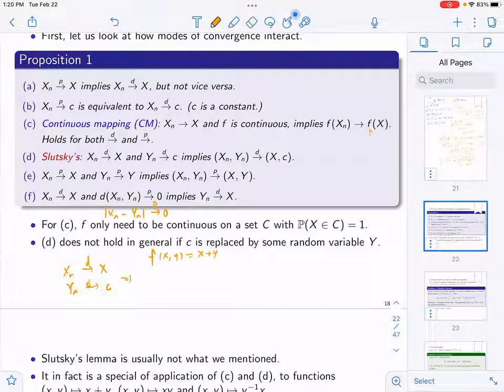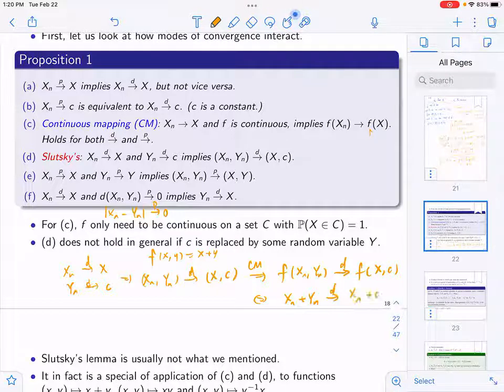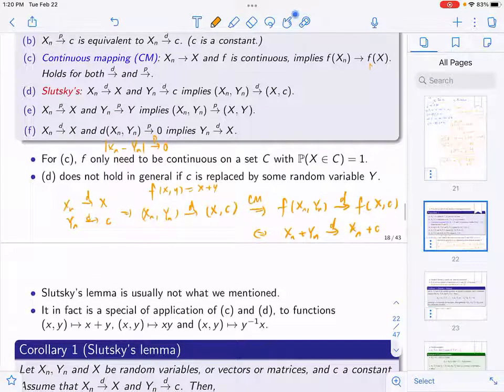Because of this Slutsky result, I know that (Xn, Yn) converges in distribution to (X, C), and then I use the continuous mapping theorem to apply f to this. It's a bivariate continuous function, so this has to converge to this, which is equivalent to saying that Xn plus Yn converges in distribution to X plus C. So that's usually what is called Slutsky's lemma.